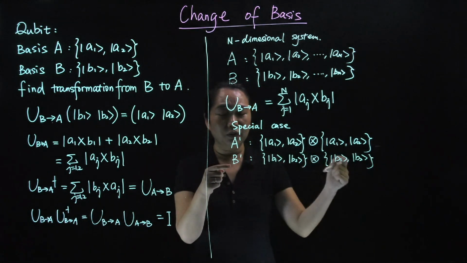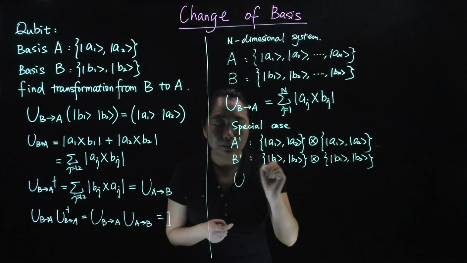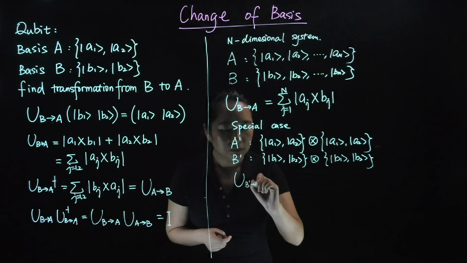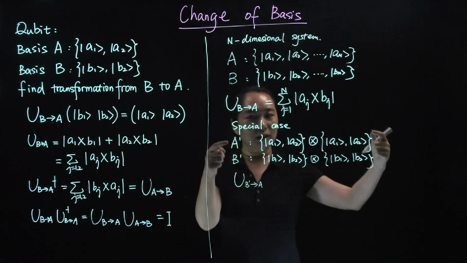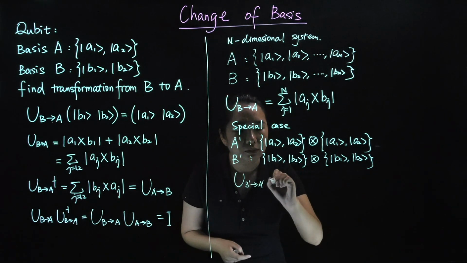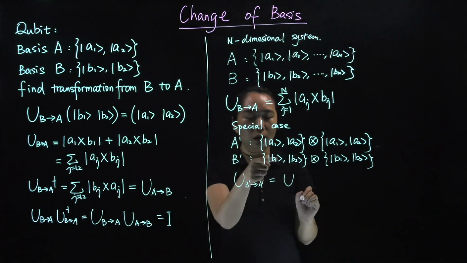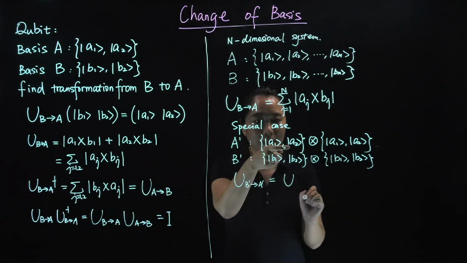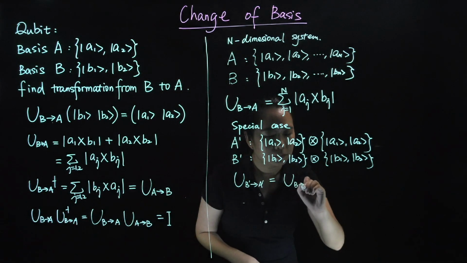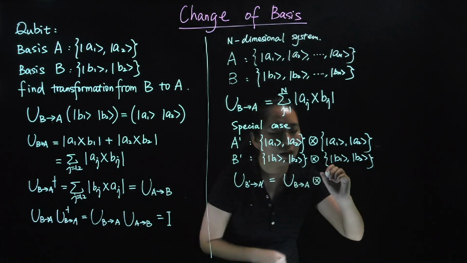Then the basis transformation operator, U, goes from B prime to A prime, also inheriting this tensor product structure. That is, we can write this as a U of change of basis from B to the A basis and tensor the operator on the second qubit.